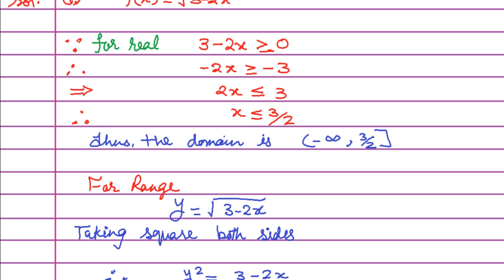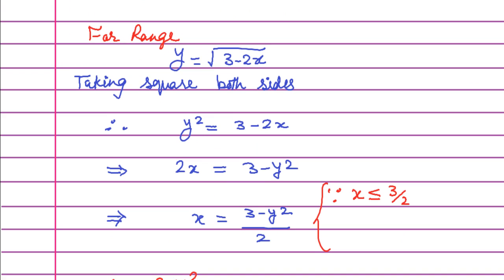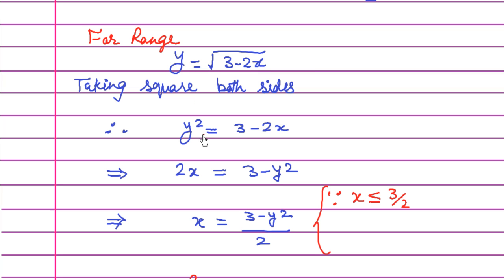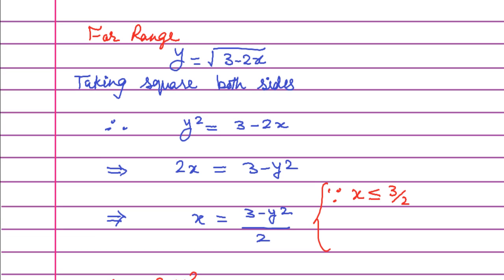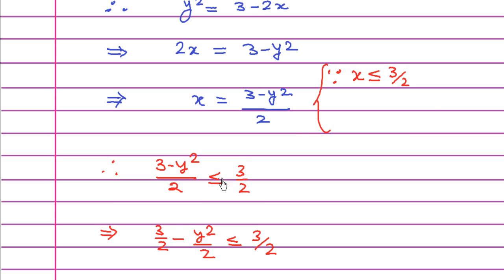Similarly, for the range, instead of f of x we put y and square both sides. The x values we have already got in the first portion, the domain, so according to that condition, since x is smaller than or equal to 3 by 2, we put the right side function smaller than or equal to 3 by 2, and simplify this.